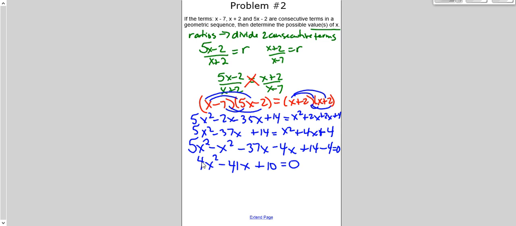Okay, so I'm going to use decomposition. I'm going to multiply the 4 by the 10, gives me 40. And my middle term is a negative 41.